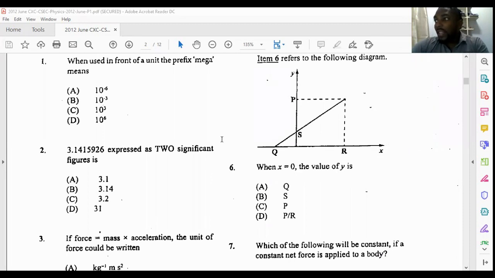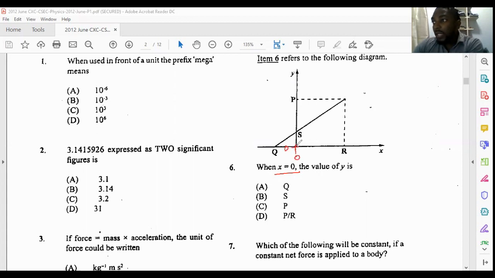When X is equal to 0, on our X-axis, we want to know where exactly 0 is found. With a graph, the two axes are joined at the origin. It means 0, 0. So 0 on the X, 0 on the Y.